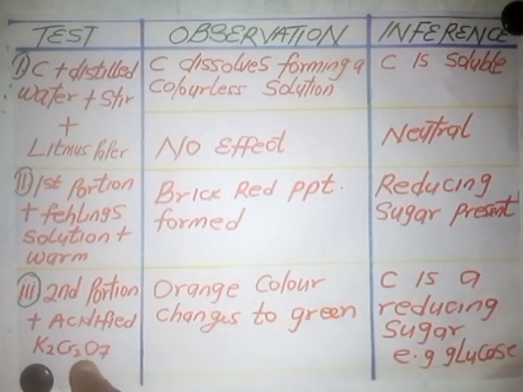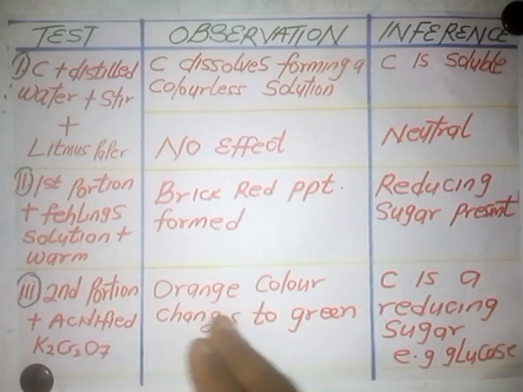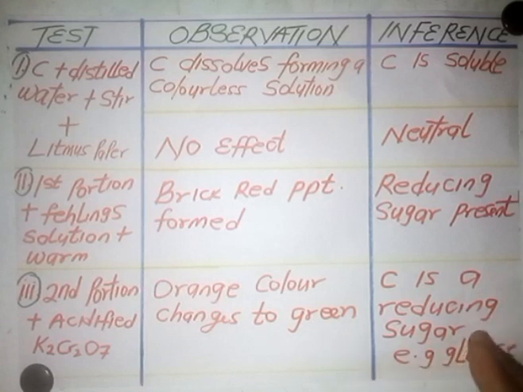Remember, this is an oxidizing agent. So when it is added, the color is expected to change. The orange color of this potassium dichromate(VI) changes from orange to green. So the inference is that C is a reducing sugar, e.g. glucose.